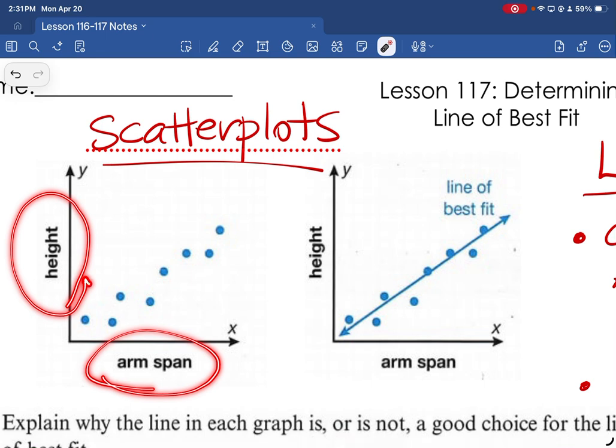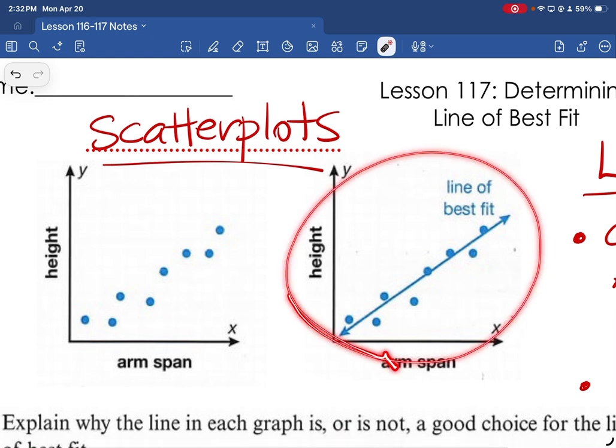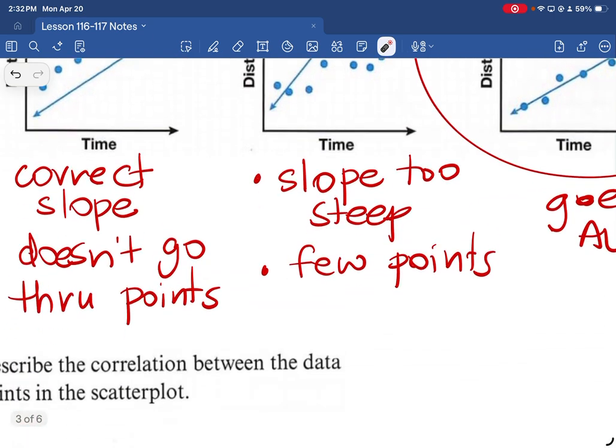And you can see that as arm span increases, height increases, meaning notice how it's going up and to the right. So there is a positive slope, and the dots are really close to the line. So it's a really strong relationship. What we would say about this is that it's a strong positive.